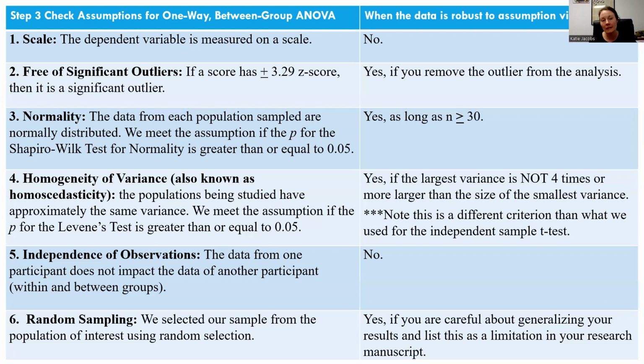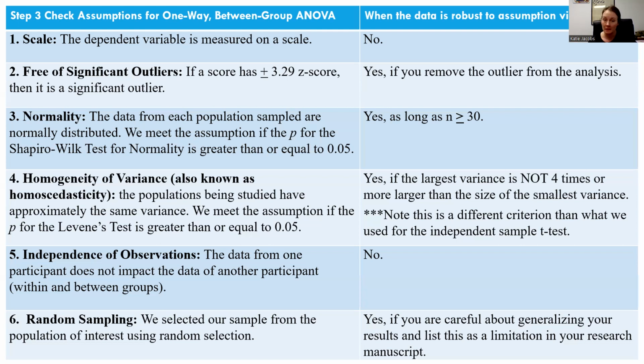And so if any of those z-scores are plus or minus 3.29 or beyond. So on the positive side, that's if it's 3.29 or higher. On the negative side, it's negative 3.29 or lower. If any of those z-scores are that, then it's an outlier and we violate this assumption. So if we violate the assumption, then we move on to check to see if our analysis is robust to the violation.